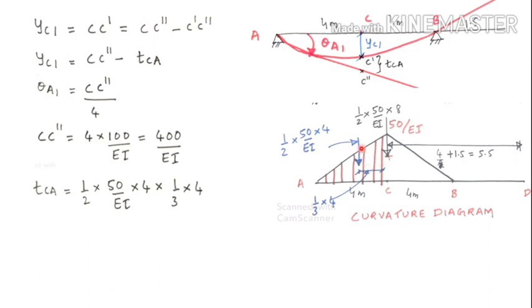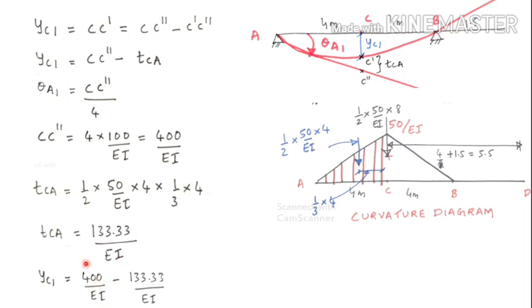The perpendicular distance of this load with respect to C is 1/3 of 4. So this load into this perpendicular distance will give you the moment of area with respect to point C. So total load into perpendicular distance, you will get the value of TCA.